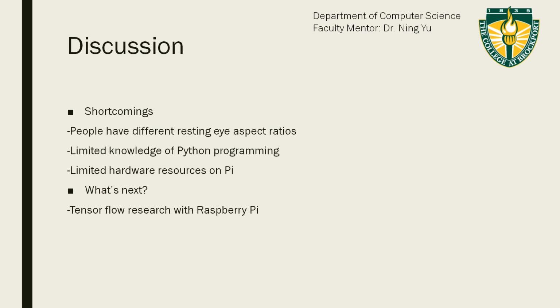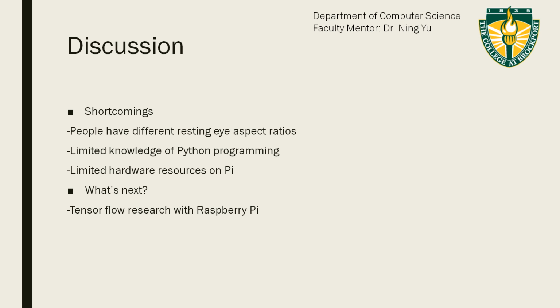And so just a brief discussion of the shortcomings. We found that people have a lot of different resting eye aspect ratios, depending on ethnicity. So you would probably have to tune it to the user if you wanted to properly identify the eye aspect ratio. And if an individual doesn't have knowledge of Python programming, they wouldn't be able to use this device in its current state.